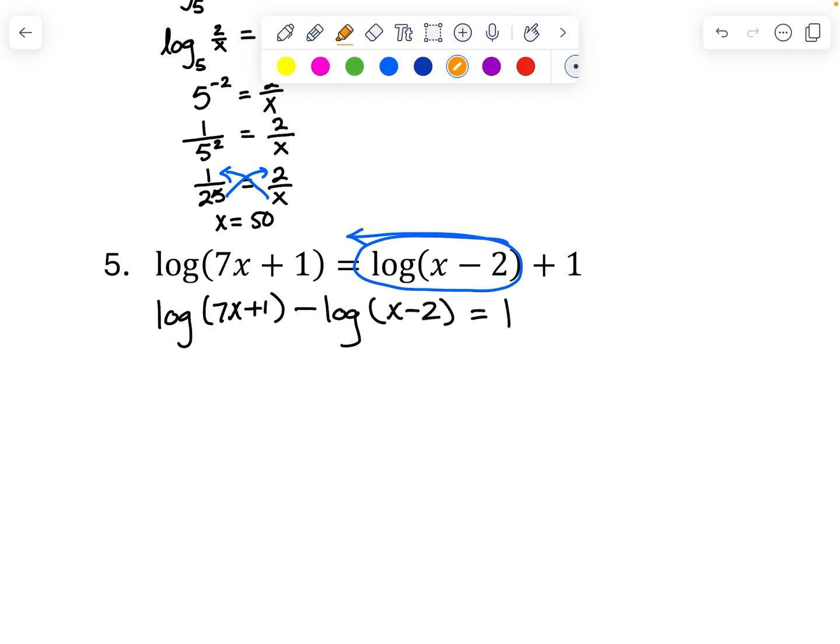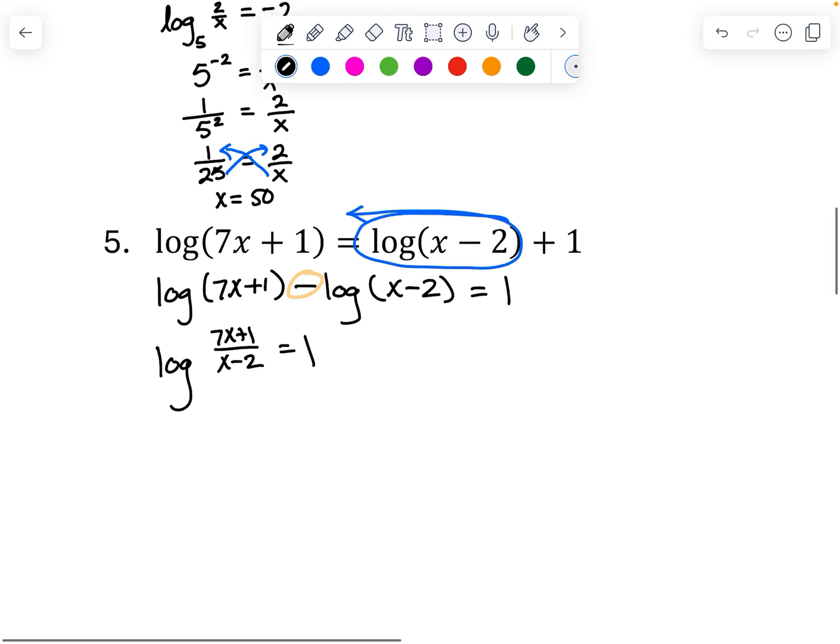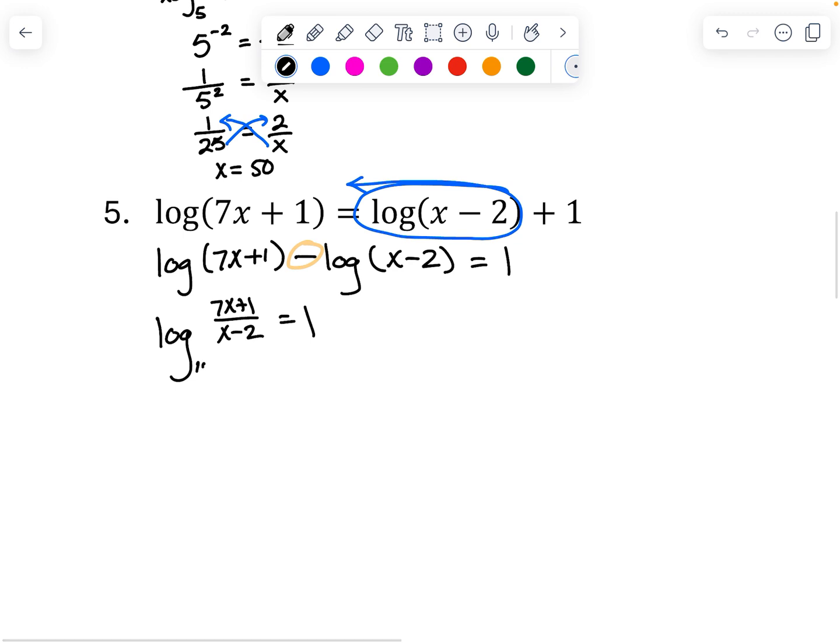Then I'm going to notice that I have subtraction, which in logarithm is really division. So I have a logarithm of 7x plus 1 divided by x minus 2 is equal to 1. I then notice all the x's are in the logarithm, and I remember this is a common log.